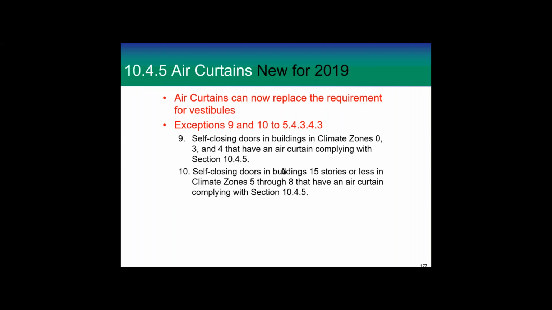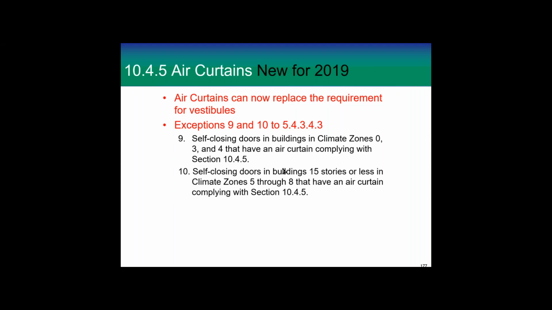So the air curtain people came to us, and it took probably 3 trips for them, plus a lot of emails and a lot of papers. But they had a lot of studies that they had done, and it was decided that an air curtain could be as good as a vestibule for our requirements. And so now, in lieu of putting in a vestibule, if you want to, you can use an air curtain.